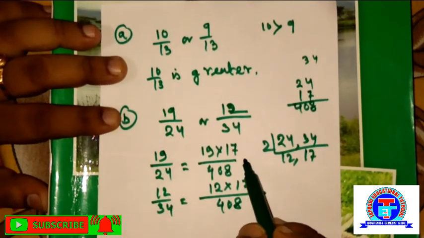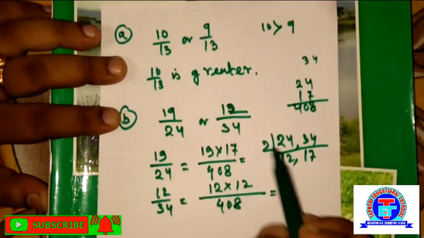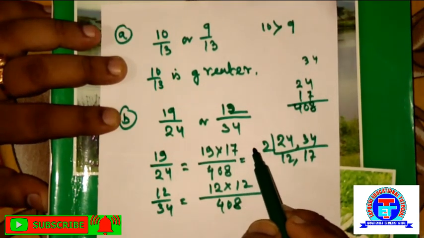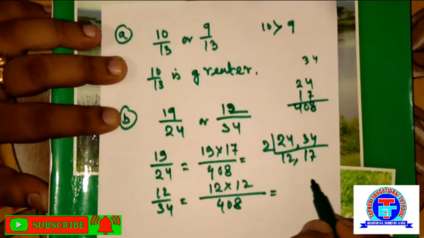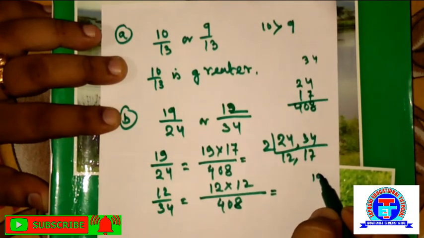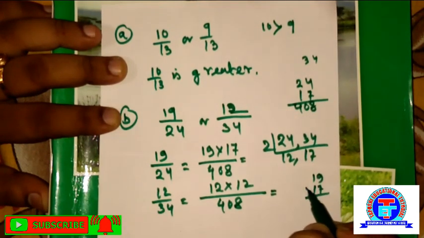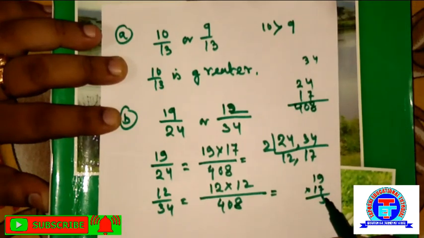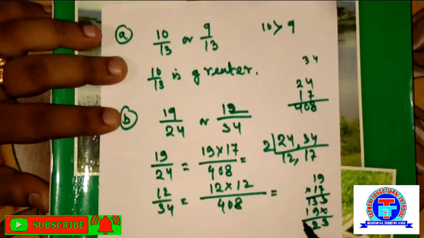So this fraction will become 17 and 19. Here we multiply this one, so we'll get 63, 6 carry and 7, this one 323. Now this one 12 and 12 is 144.